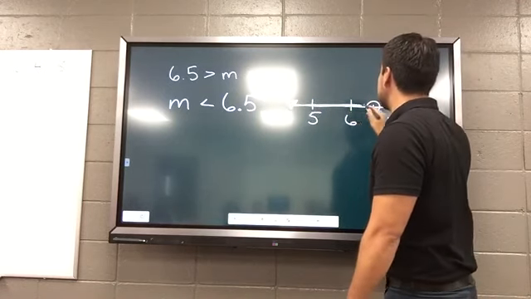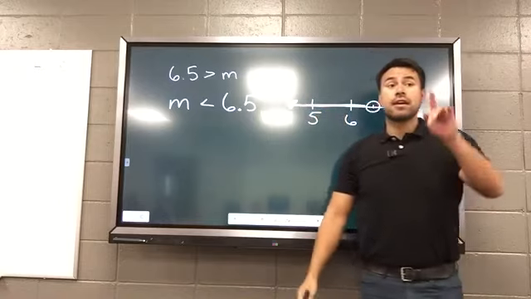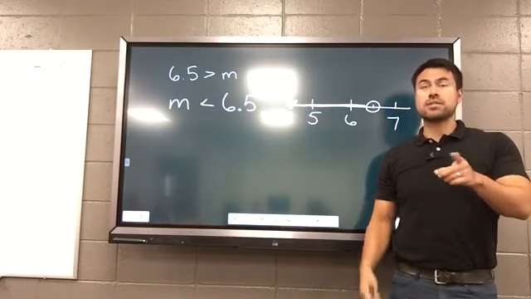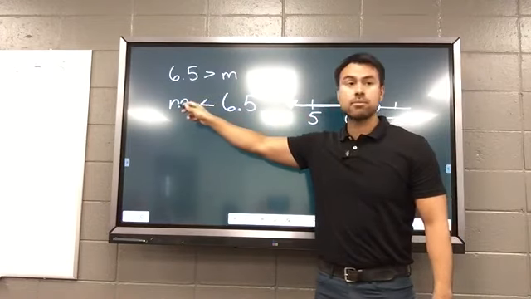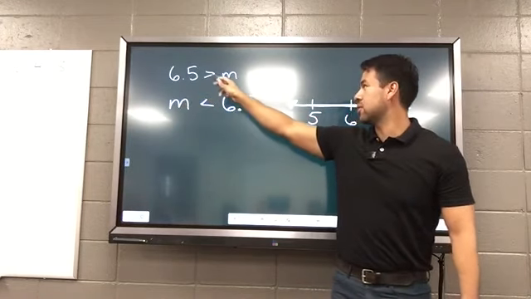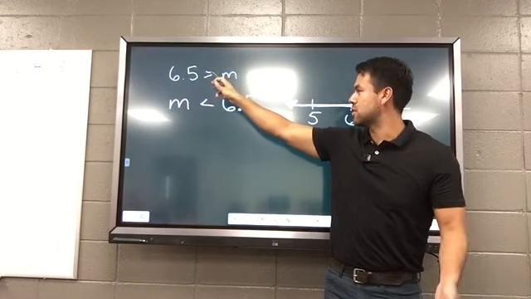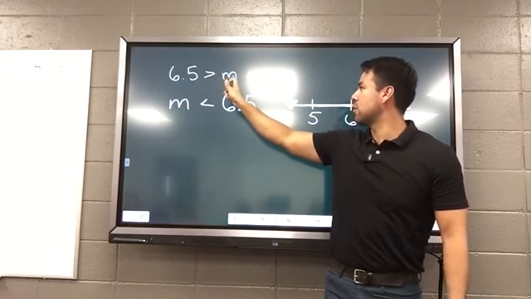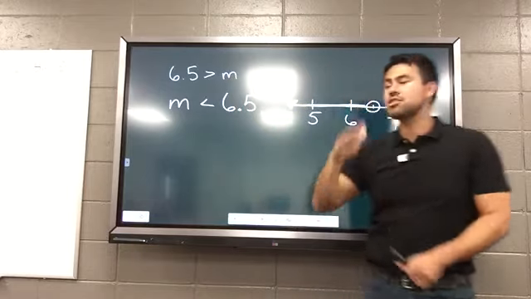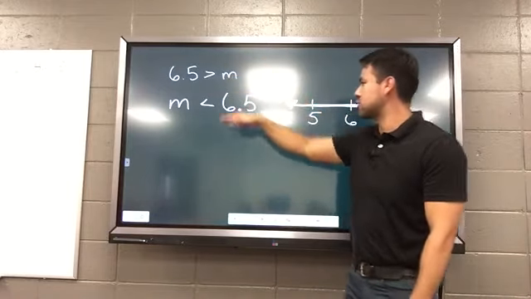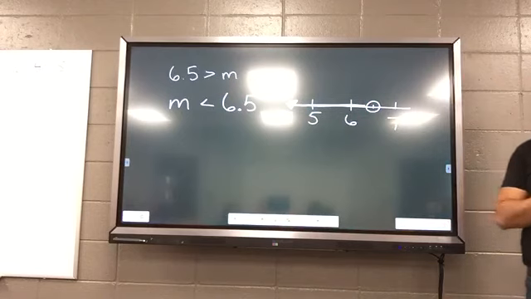Less than is always to the left and greater than is always to the right if your variable comes first. Wait, Mr. A, you just said it goes to the right this time, doesn't it? But where's the variable? It's on the right, so you have to kind of flip it around. Basically, just write what is being described. And there are tricks, but understand what you're doing.